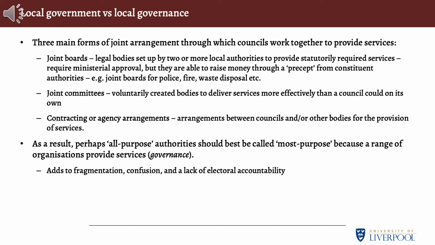So think of things like joint boards, which are legal bodies set up by two or more local authorities to provide statutory required services. Two unitary authorities could band together to empty your bins, to repair your roads, to deal with planning applications, for whatever reason. They might think, well, actually, we're effectively one area with two councils, let's just do it all.